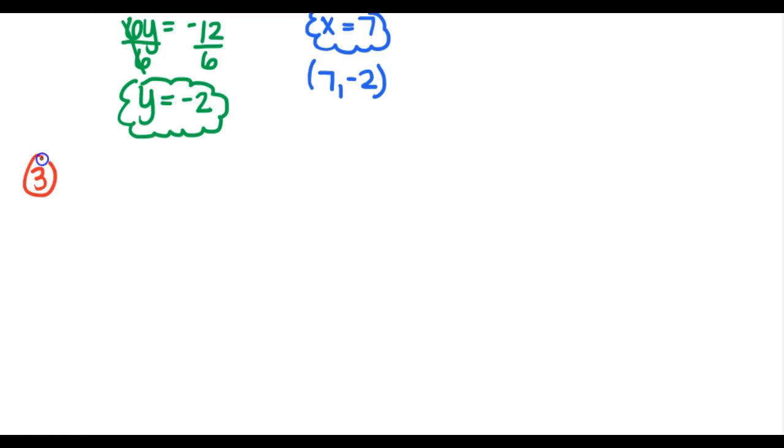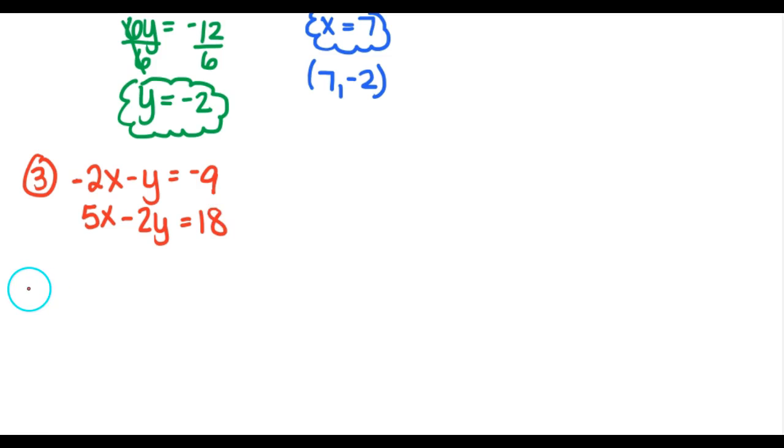So, third question. Negative 2x minus y equals negative 9. 5x minus 2y equals 18.